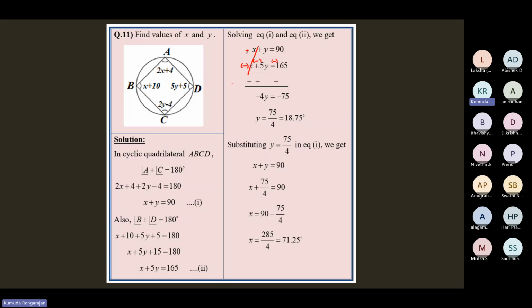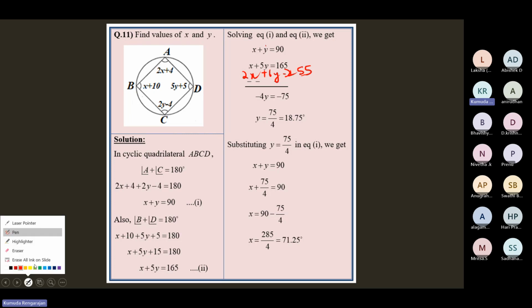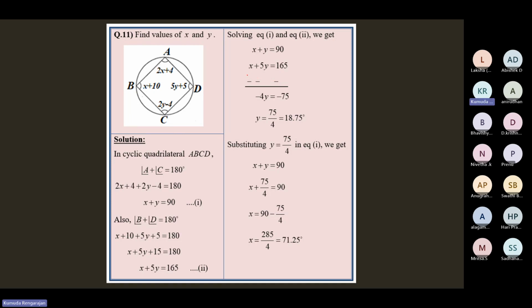If you don't change the signs, you will get 2x, 6y is equal to 255, and that's not going to help you. So when you change the signs, plus x as minus x, plus 5y as minus 5y, plus 165 as minus 165.